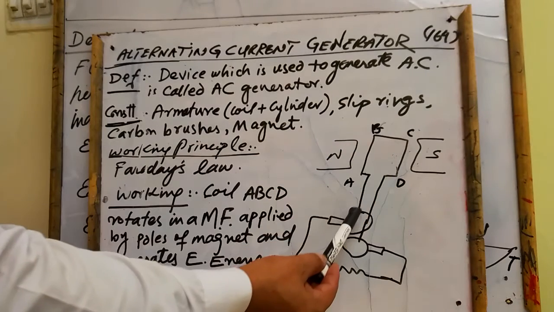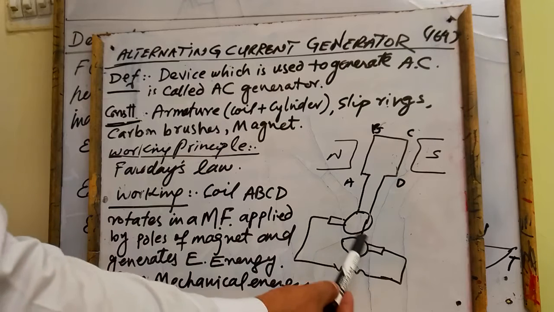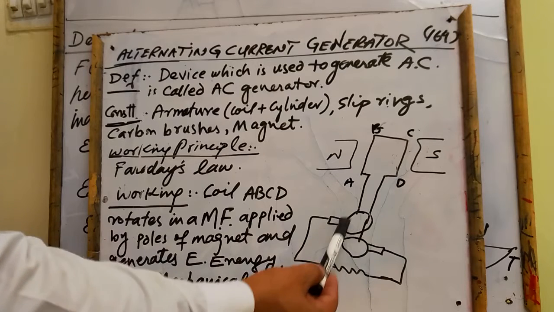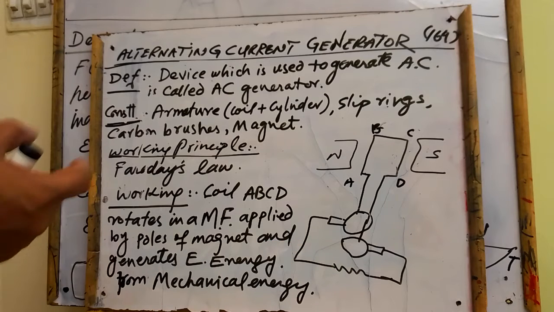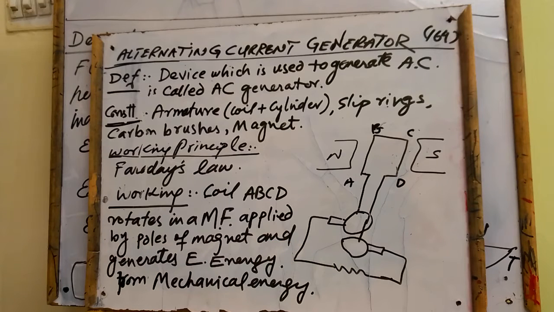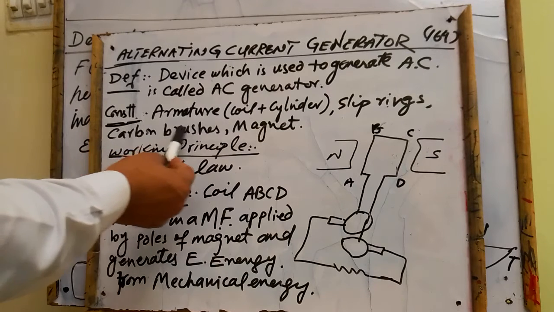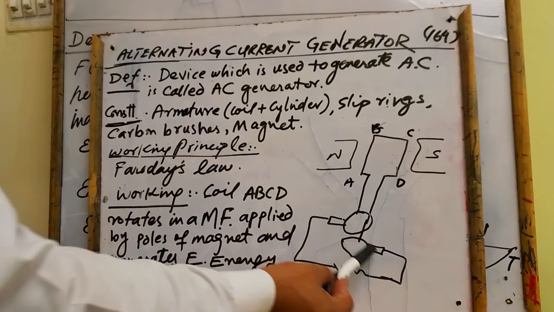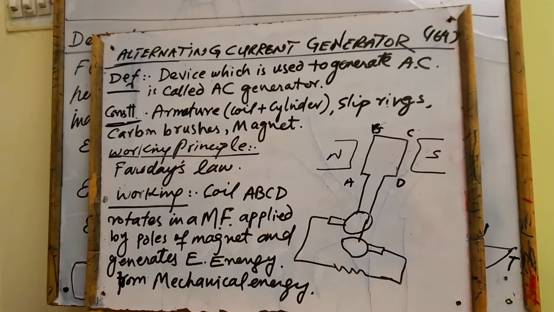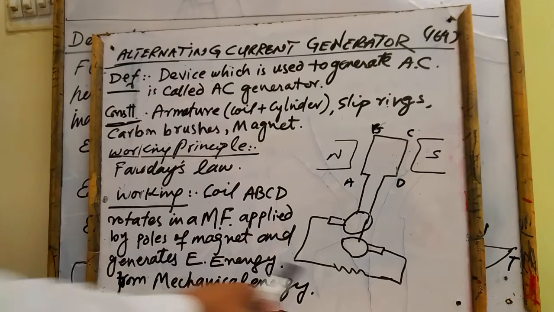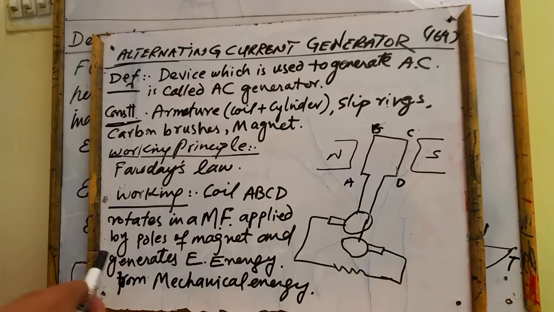Slip rings: these two are slip rings in the diagram, because they slip across the carbon brushes, having a permanent contact with the external terminals. Carbon brushes: these two parts are carbon brushes. The function of the carbon brushes is that they take the charges or the current out of the AC generator to the external resistance attached.